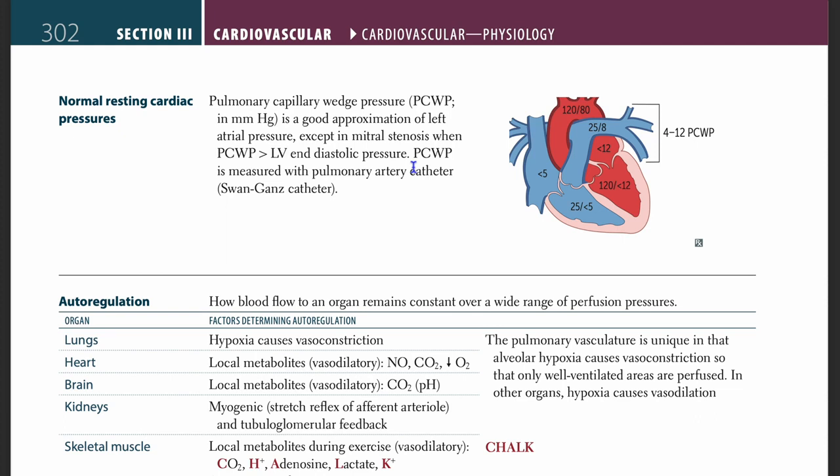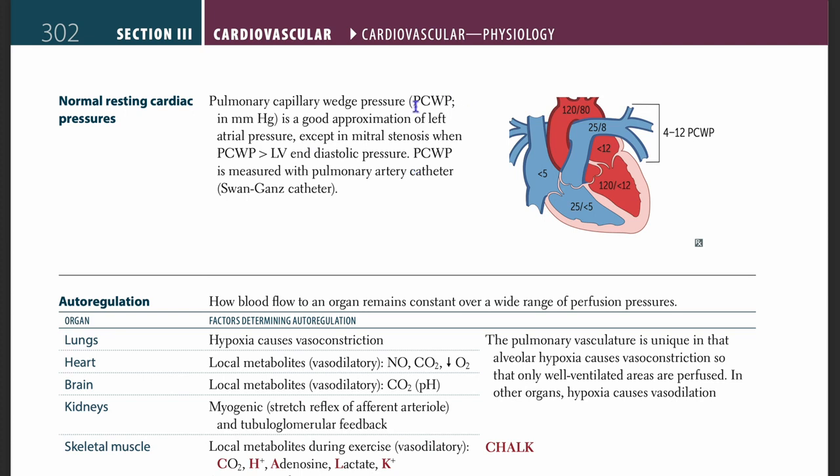Anyways, normal resting cardiac pressure. Pulmonary capillary wedge pressure, PCWP, in mmHg, is a good approximation of left atrial pressure, except in mitral stenosis, when pulmonary capillary wedge pressure is more than LV diastolic pressure. PCWP is measured with a pulmonary artery catheter.